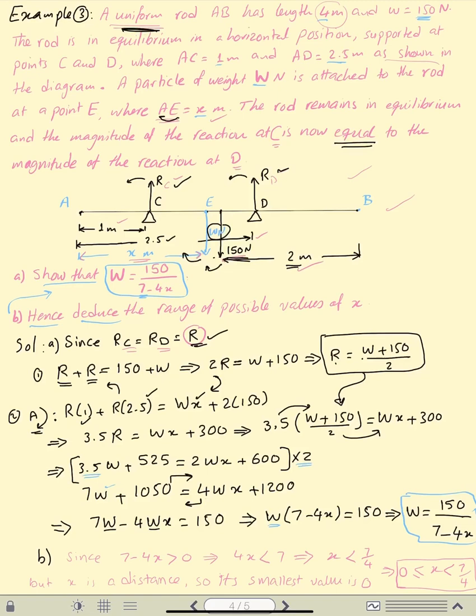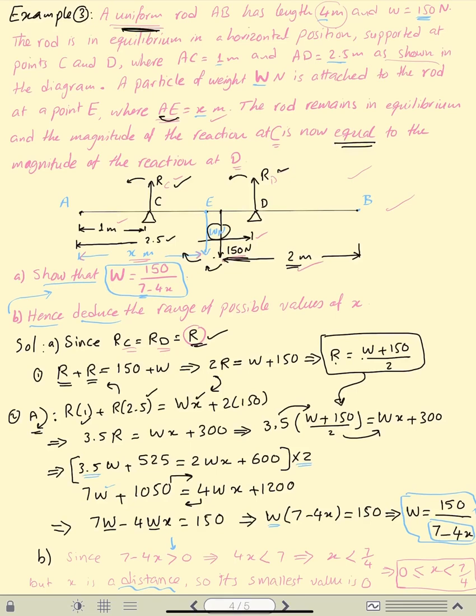By using part A. Now, this denominator, we know it could not be 0. We cannot divide by 0. But why did I put more than 0, dear students? Because x is a distance in the question, so it could not be negative.